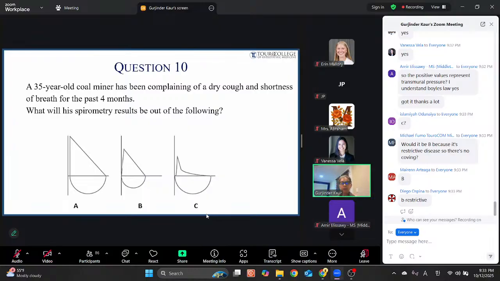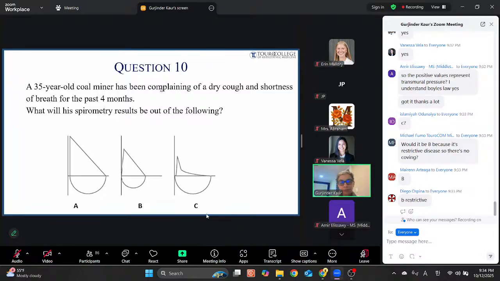The patient should be older, at least 45 and above. It has to be going on for a certain time because it's a chronic obstructive pulmonary disease that we are going to talk about, not just the past 4 months. And it's a coal miner, right? So silica, asbestos, all these chemicals set up fibrosis in the lungs. So keep that in mind.